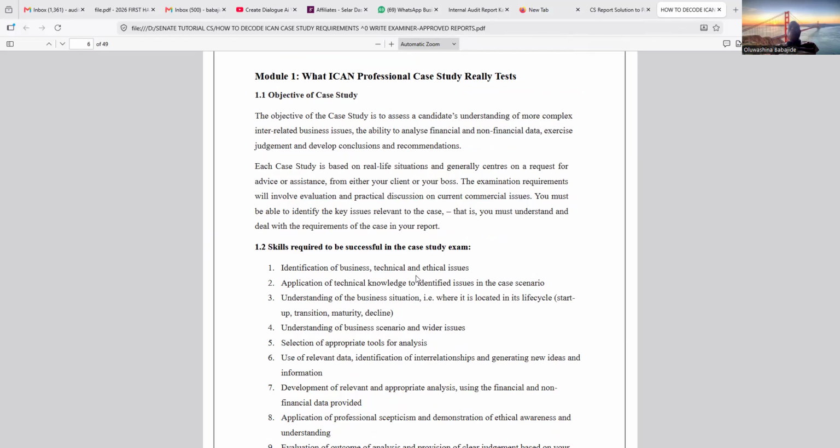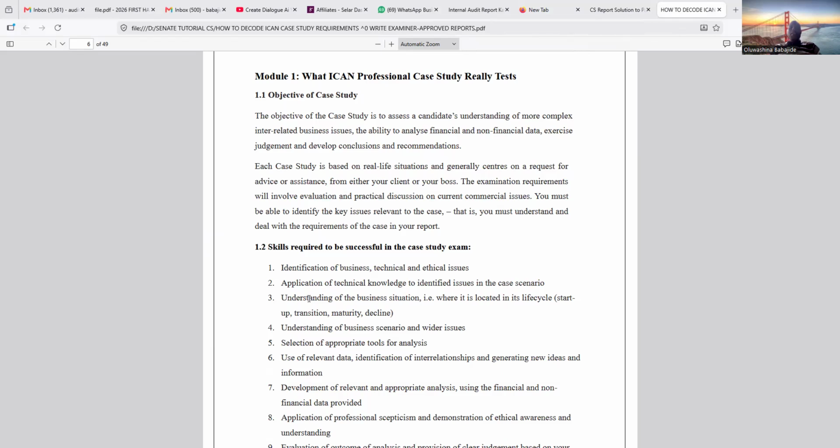The skills required to be successful in the case study examination. One, identification of business, technical and ethical issues. What does it mean?